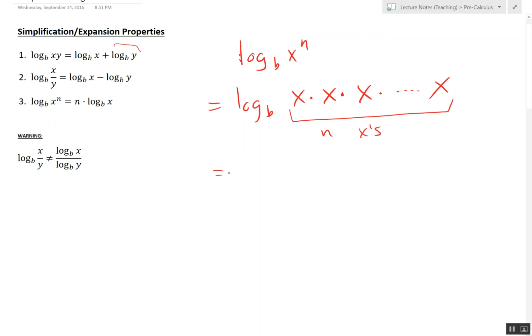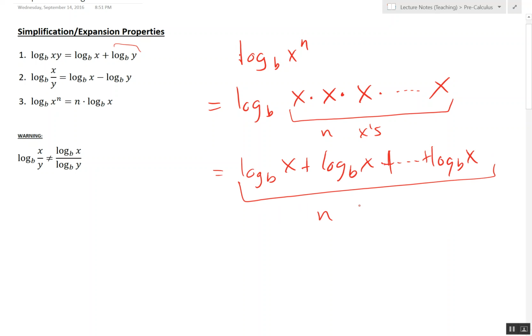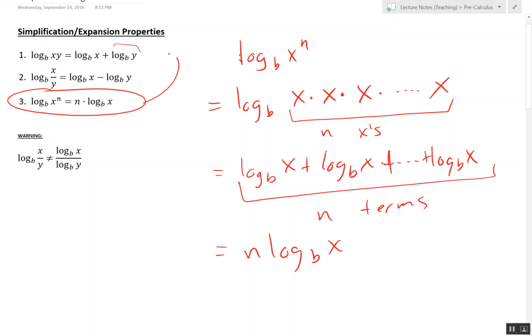And so that's just going to be log base b of x plus log base b of x plus log base b of x, and there's going to be n terms. These are all like terms, so they'll combine and just give you n log base b of x. So this property here is just repeated use of property 1, n times.